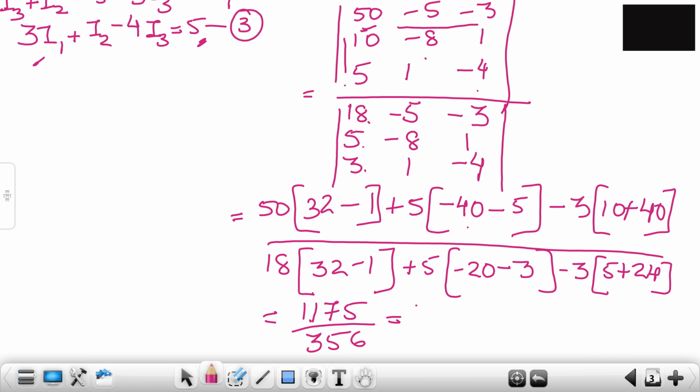So what you get is I1 as 3.3 amperes. Units are very important.